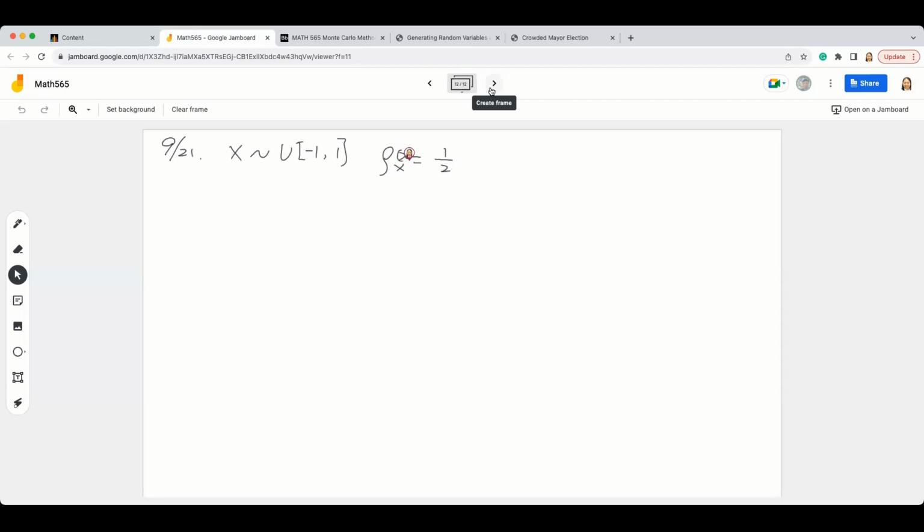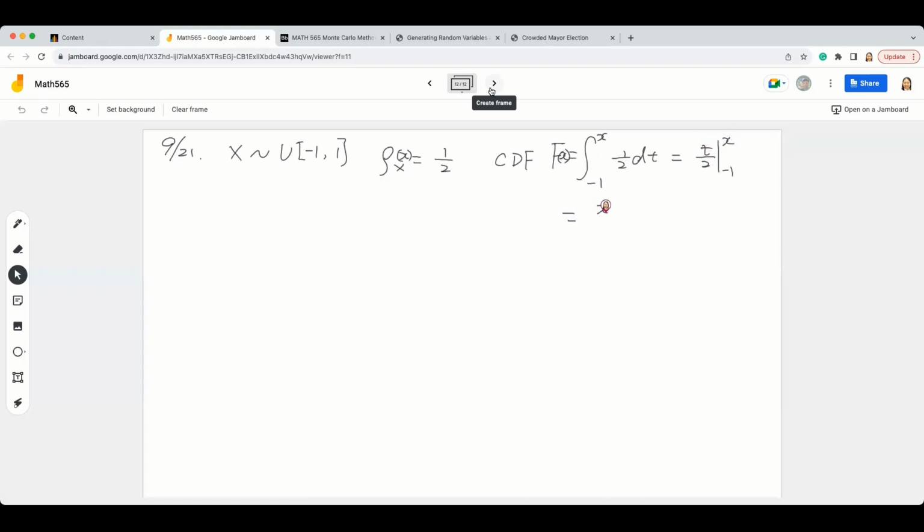Okay, then let's try to find the CDF, which means F. I cannot use x inside the integral because this is the CDF, so F of x should equal something like this. Then plug this inside, right?